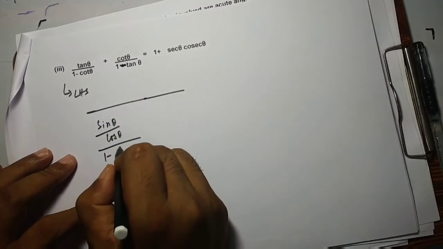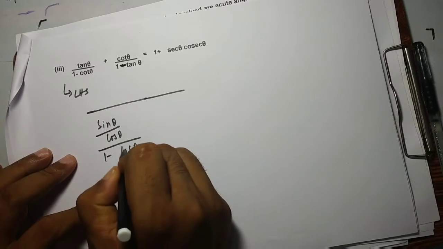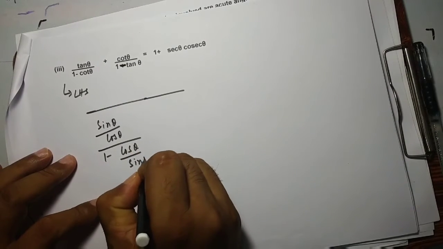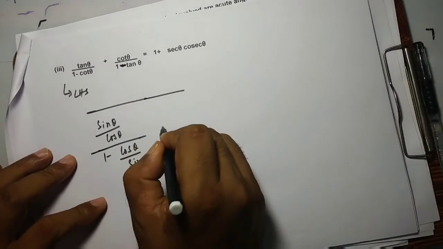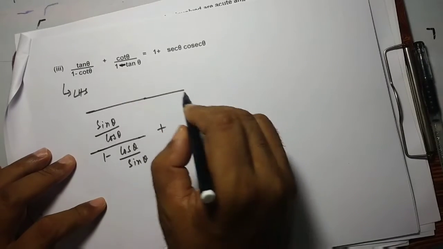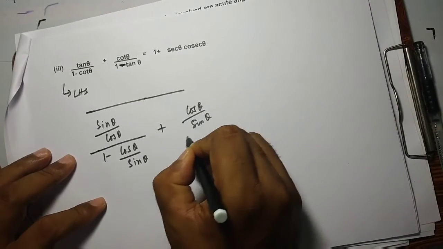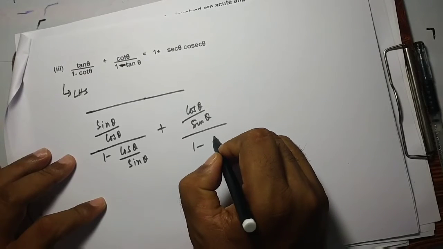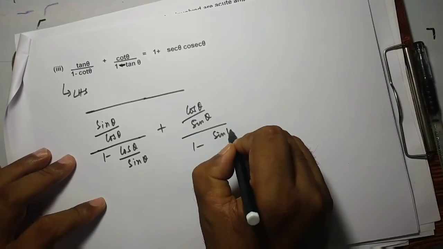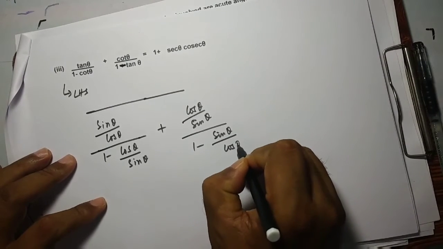Tan theta, you know, is sin theta upon cos theta, over 1 minus cos theta, cot theta is cos theta by sin theta. Okay, then plus again cot theta, so this is cos theta upon sin theta over 1 minus sin theta over cos theta.